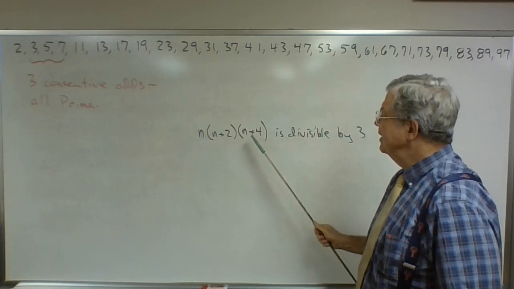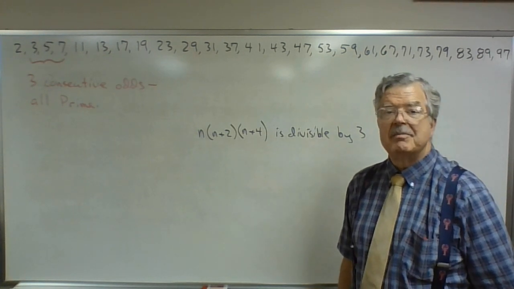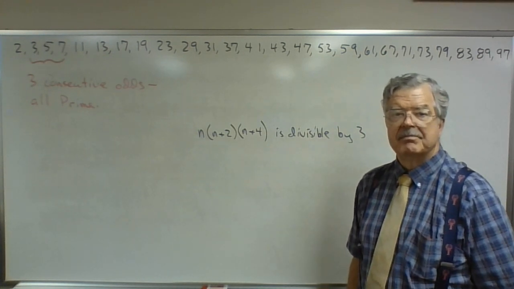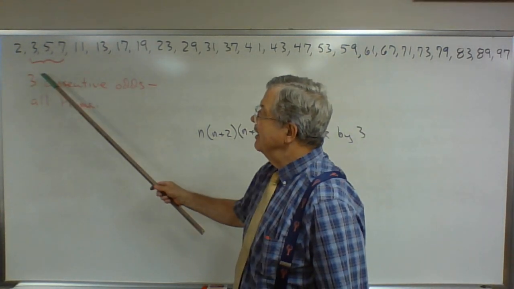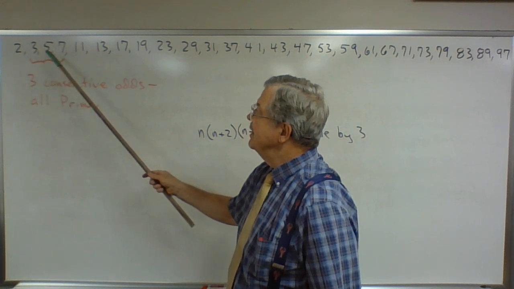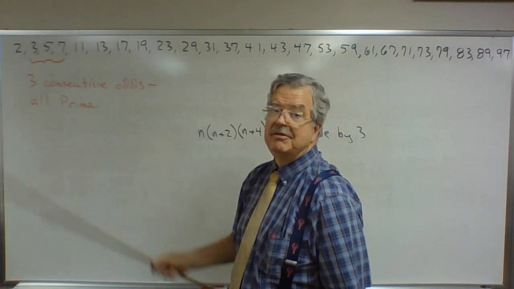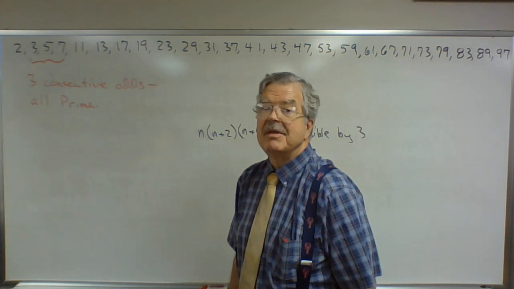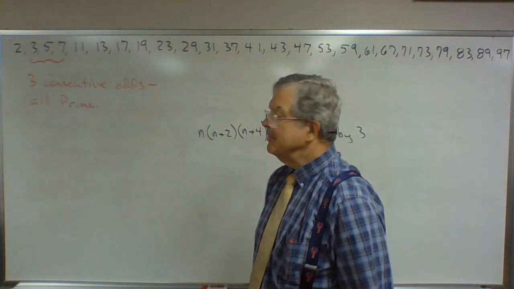n plus 2, n plus 4, that's always going to be divisible by 3. Now in this case, n plus 2, n plus 4, n is divisible by 3, but it is a prime number. It is the prime number 3.